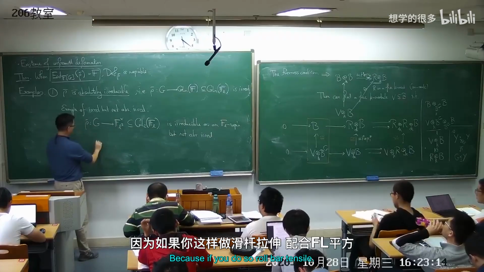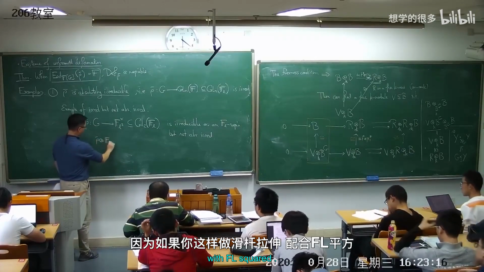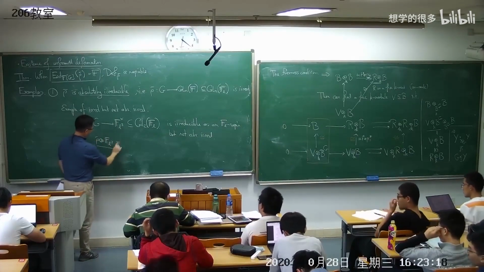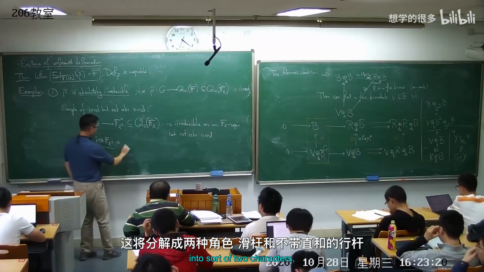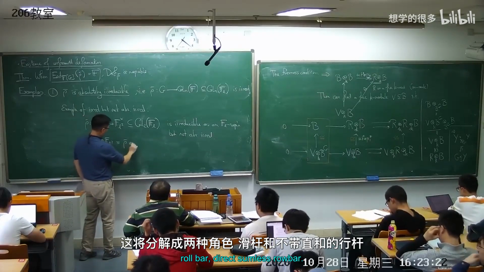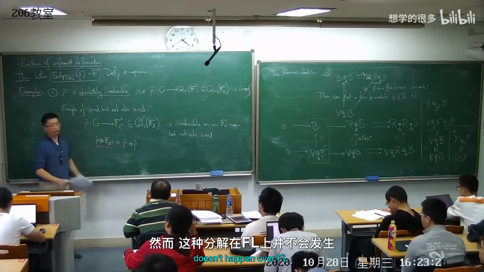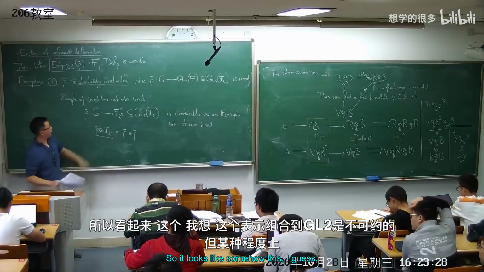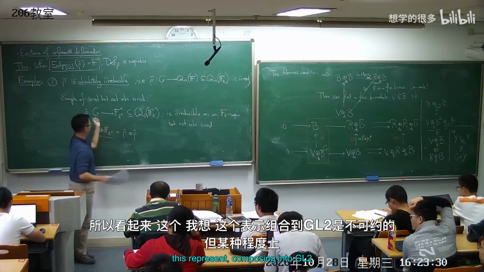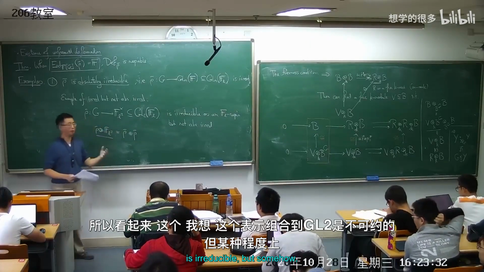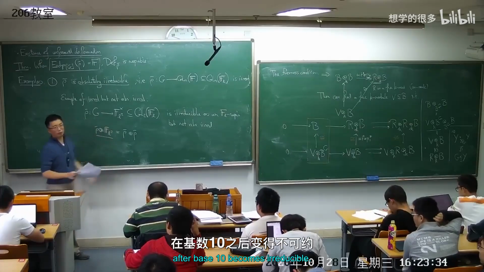Because if you do rho bar tensor with F_l squared, this will break up into two characters, rho bar direct sum rho bar. But this decomposition doesn't happen over F_l. So this representation into GL2 is irreducible, but absolutely it becomes reducible.